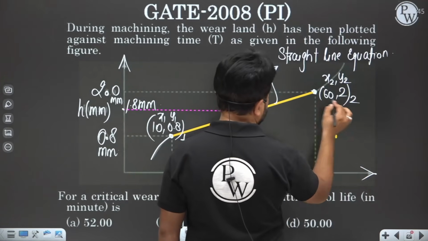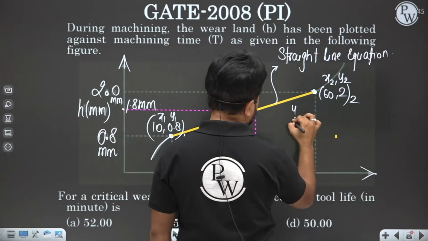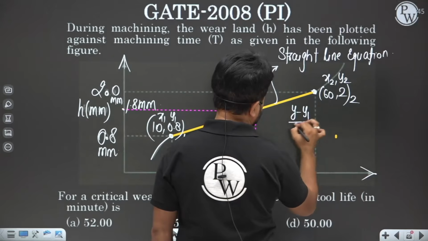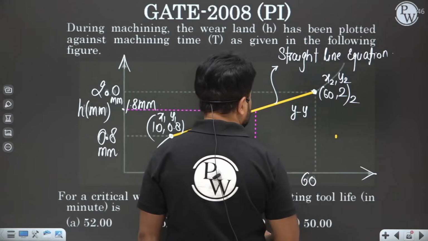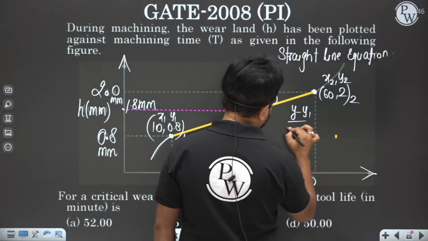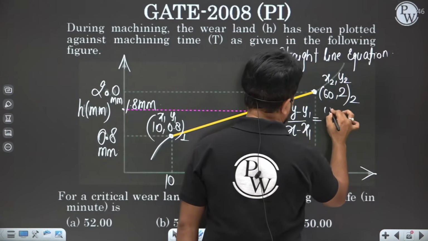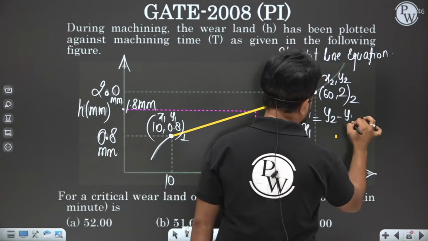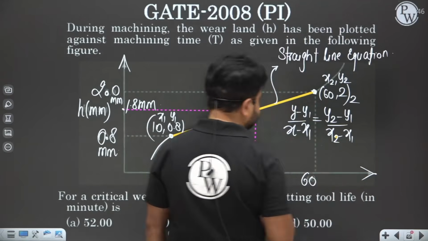You know that, okay, y minus y1 divided by x minus x1 equal to y2 minus y1 divided by x2 minus x1.